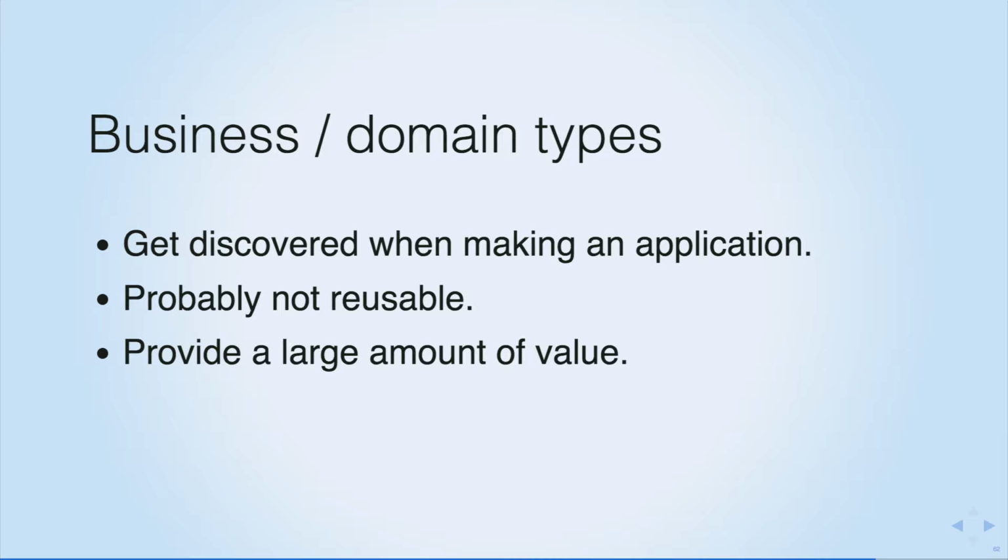They're not going to be reusable across different applications. I really strongly feel that trying to make business stuff reusable across different applications is a fool's errand. It's going to take a lot of time, and it's just never quite going to work.